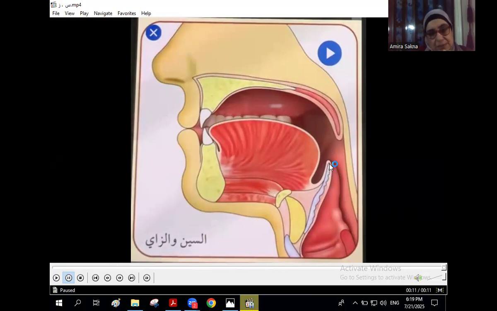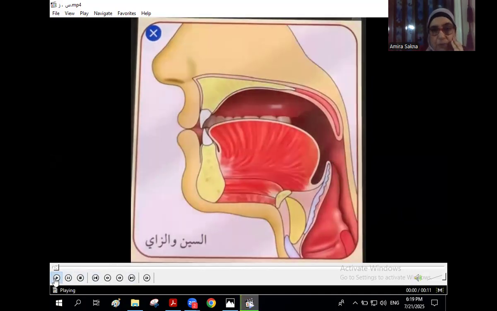And of course, the epiglottis remains where it is, but both are light letters. There is no narrowness in the throat, okay? And of course, the back of the tongue will not be raised.